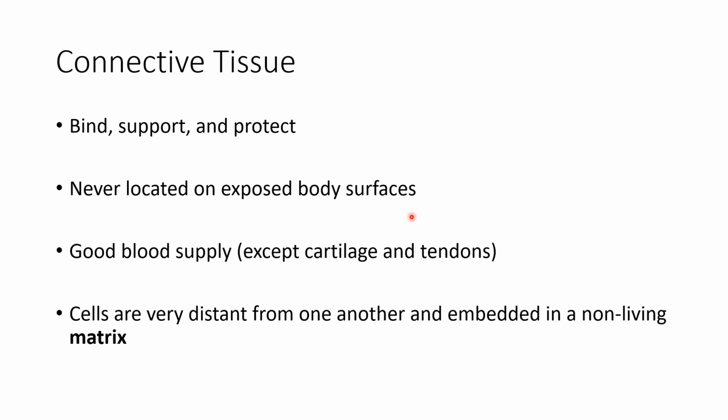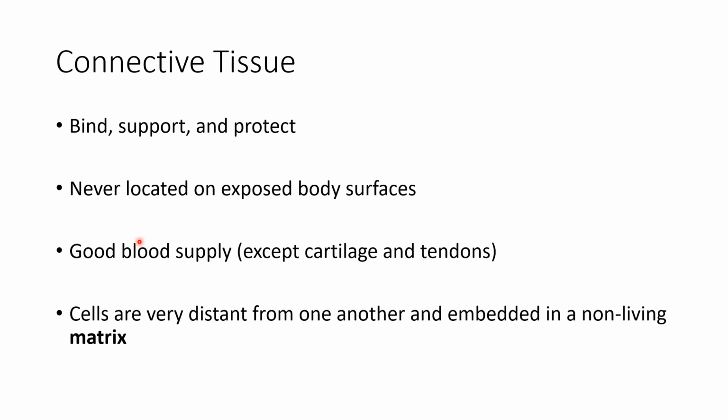The job of connective tissue is to help bind things together, so stick parts together, support your body or your body organs, and of course protection as well. One important difference from the epithelium we looked at last week is that unlike epithelium, connective tissue is vascular.